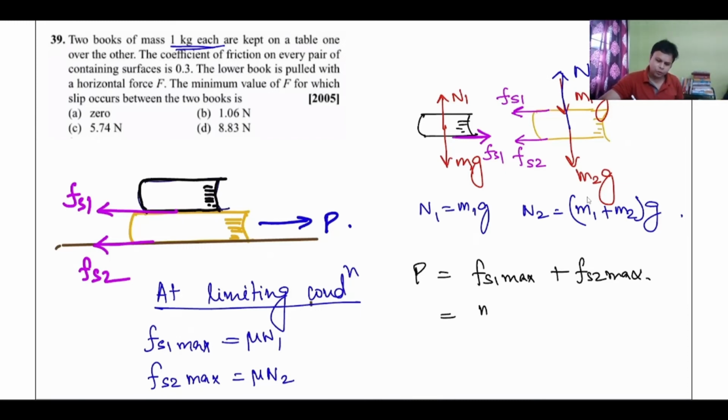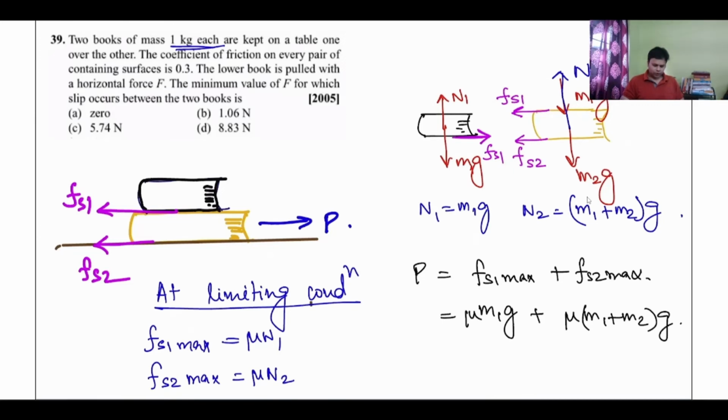So directly I could have written, no problem. Mu into m1g plus, sorry, mu also will come, mu into m1g plus mu into (m1 plus m2)g. Substitute the value of m1 is equal to m2 is equal to 1, g is equal to 9.81, mu is equal to 0.3. 0.3 into 9.81 plus 0.3 into 2 into 9.81.